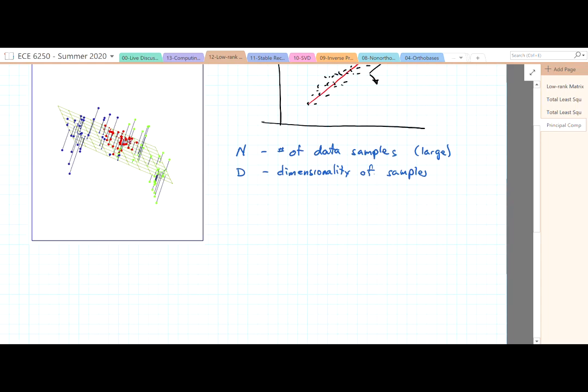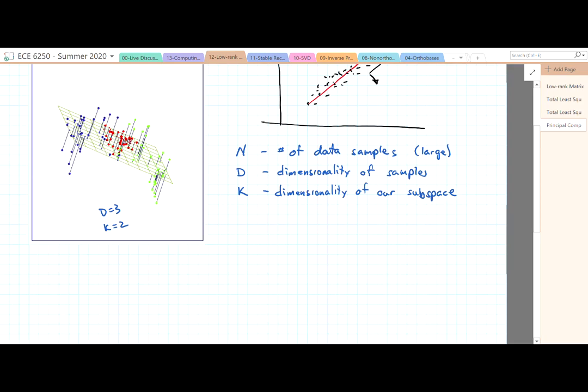In the case off to the left, that would be D equals 3. And K is the dimensionality of our subspace. And in this case, K would be equal to 2.